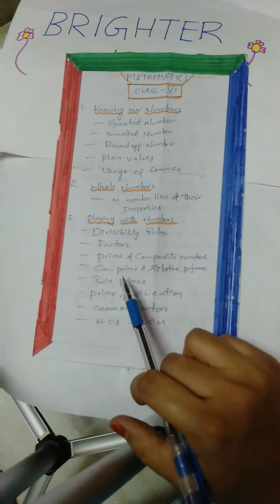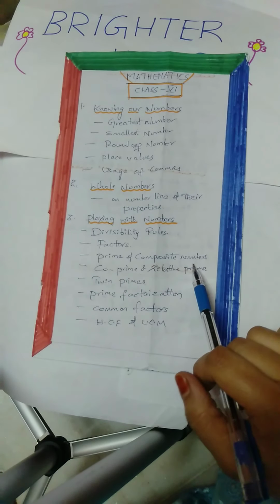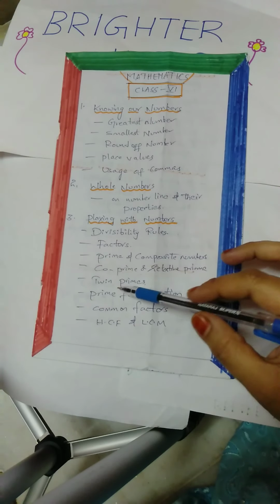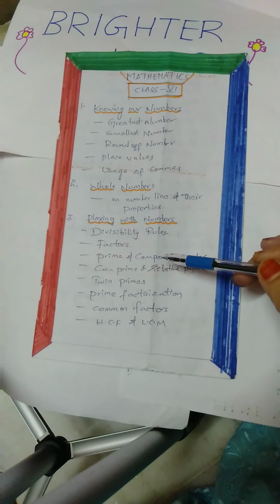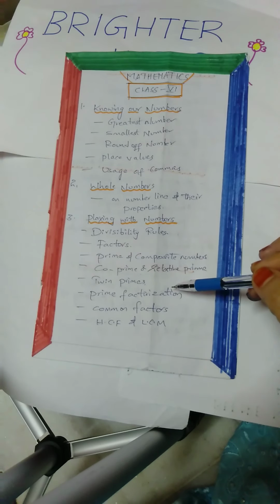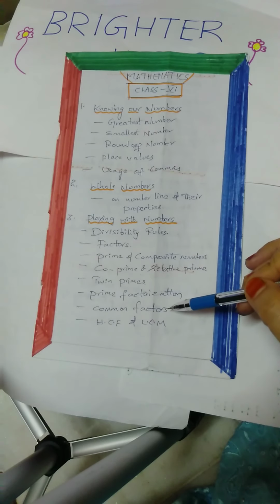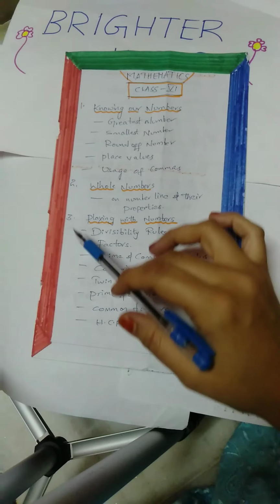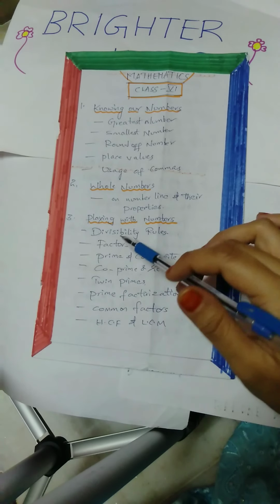The fourth unit is coprime and relative primes. We have to know all the prime numbers, composite numbers and twin primes, coprimes and prime factorization, common factors, highest common factor and least common factors. We have to know all these factors in this chapter, playing with numbers.